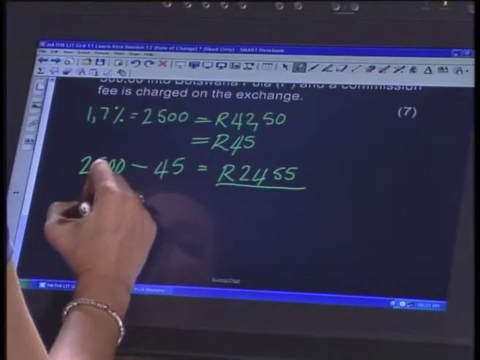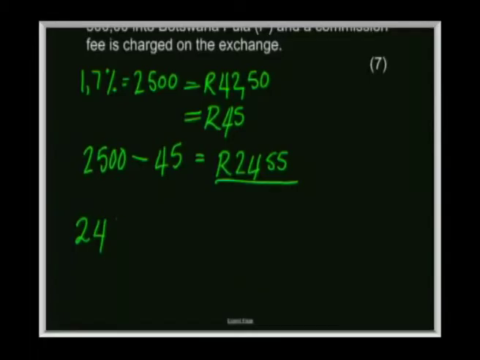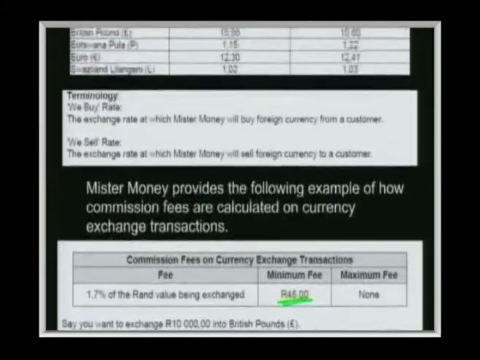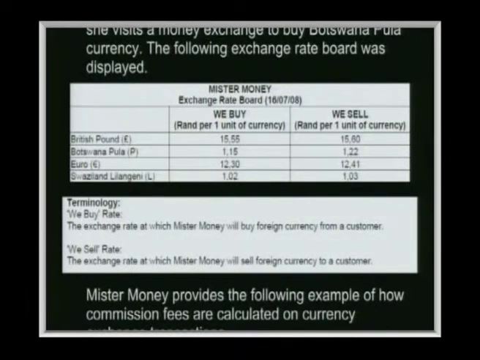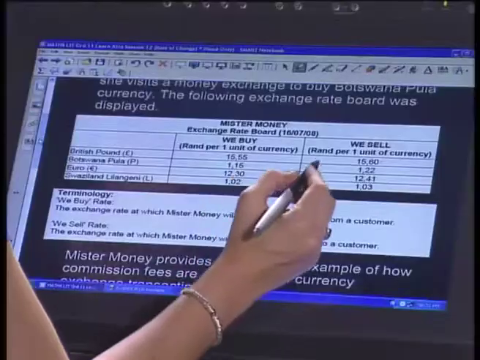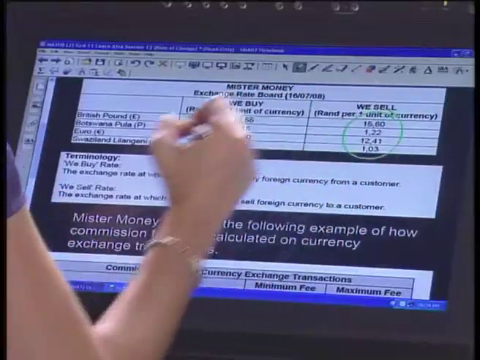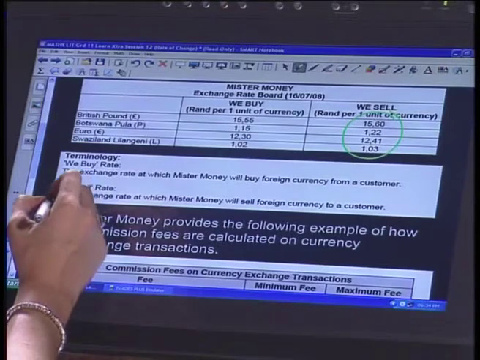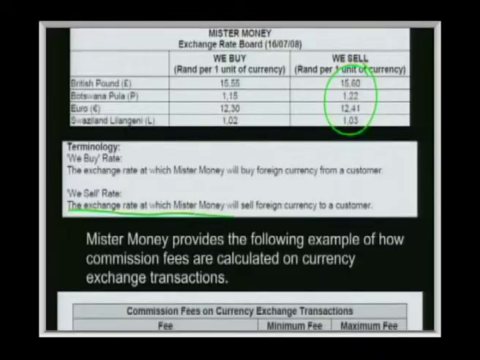So if we'd like to exchange 2,455 Rand into pula, we're going to have to go back to our exchange rate board, and we need to work out, are we buying or are we selling? Well, it's clear that we are selling, because we have to look at this column over here, and we can look back at the exchange rate board, and it says we sell rate, the exchange rate at which Mr. Money will sell foreign currency to a customer.